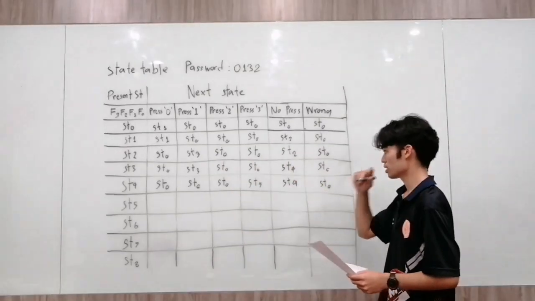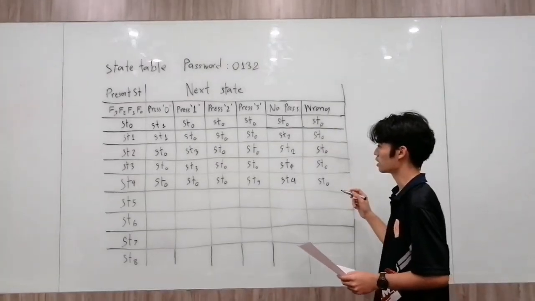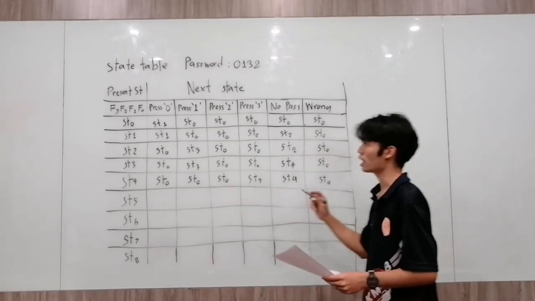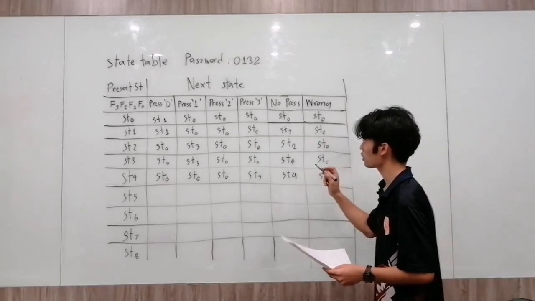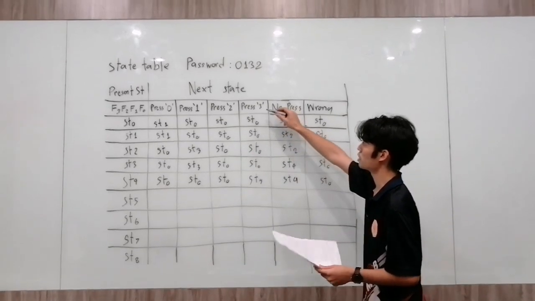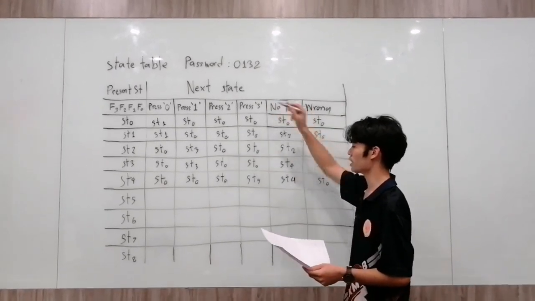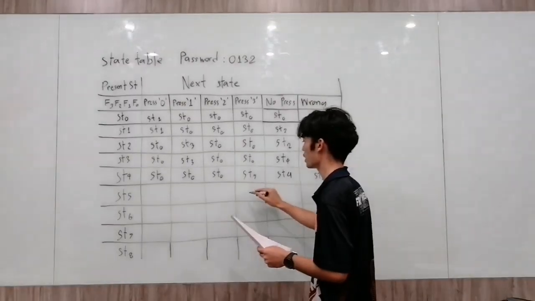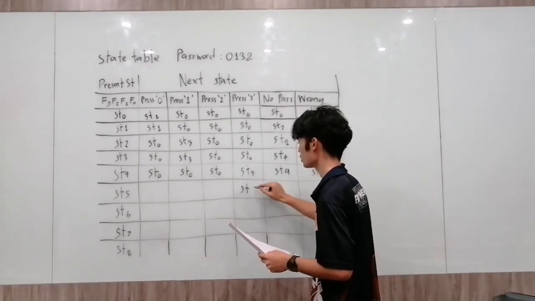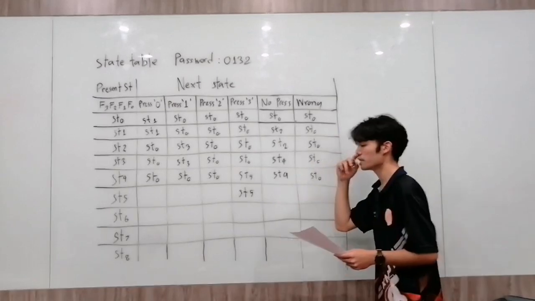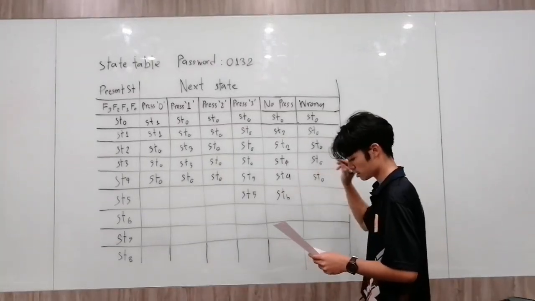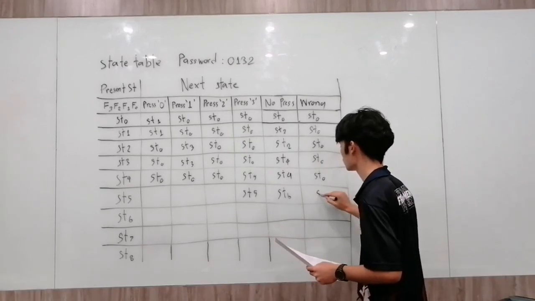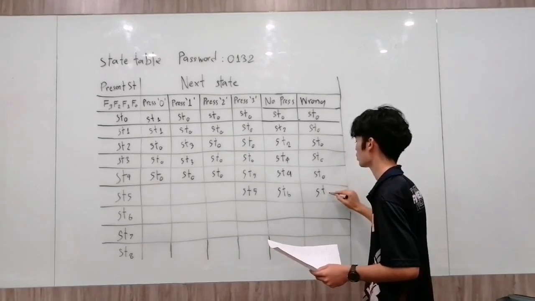And state 5, if you still push button number 3, it's still in state 5. When you release it, it goes to state 6. Other cases go to state 0.